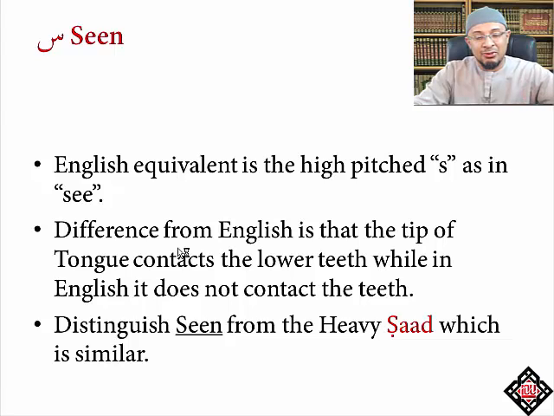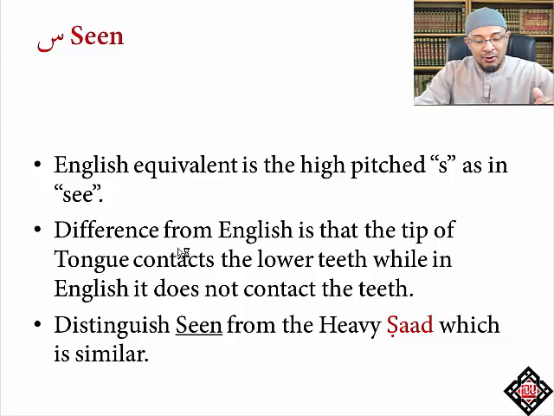So if we're pronouncing the Sod and there's a mistake, the person will often mistakenly pronounce the Sin instead, because the heavy letter is harder to pronounce. The main problem students have is that they pronounce the heavy letter more lightly than it should be.